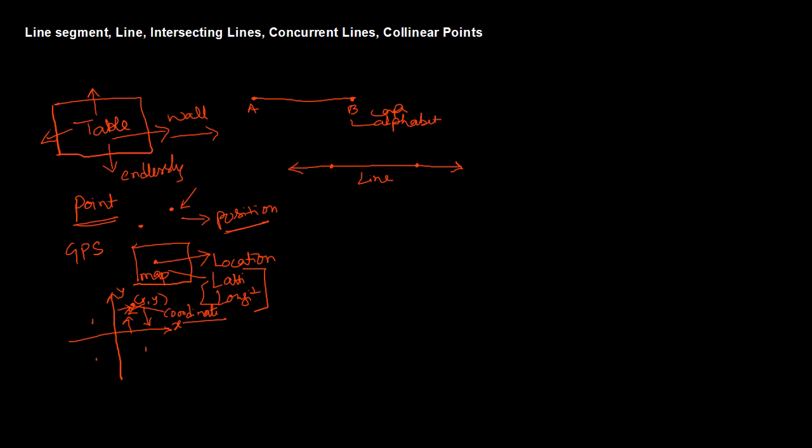So what was this? This is a segment. If you remember, that was a line segment. So what is a segment? It is a part or a piece of that line. Which is the longer one, or the bigger one here? The line extends endlessly on both sides, whereas a line segment is part of that line.